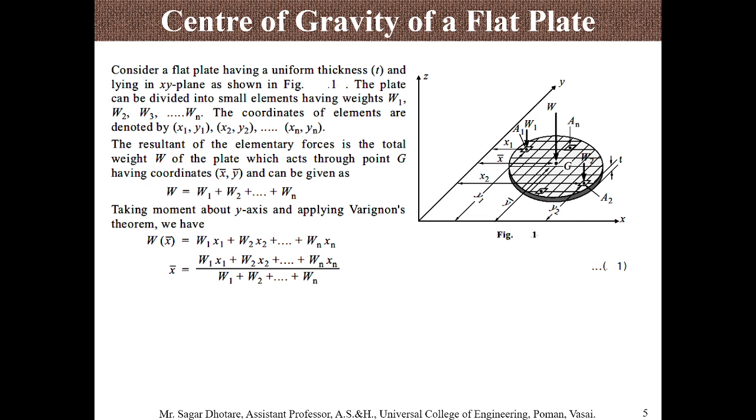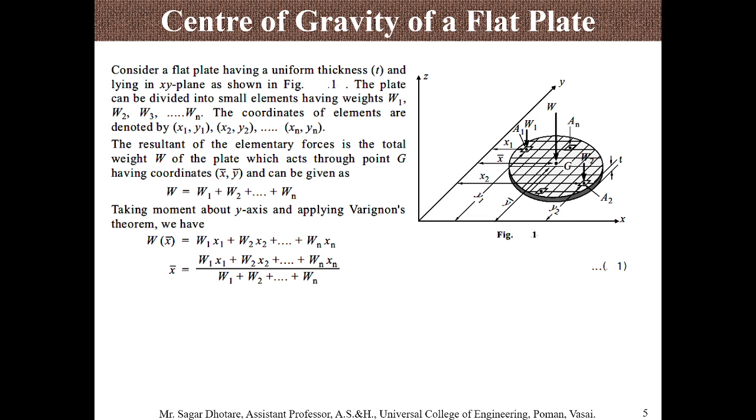Applying the Varignon theorem, we identify that W times x is W1 x1 plus W2 x2 plus W3 x3, and so on. The value of W is nothing but the weight of all particles.